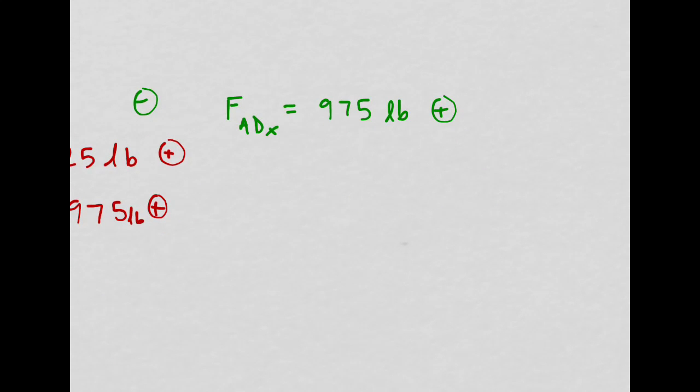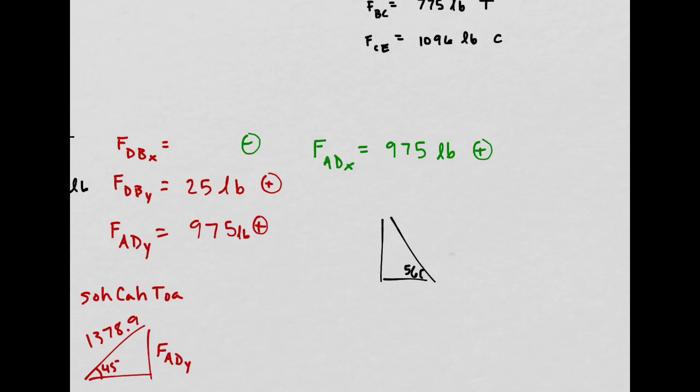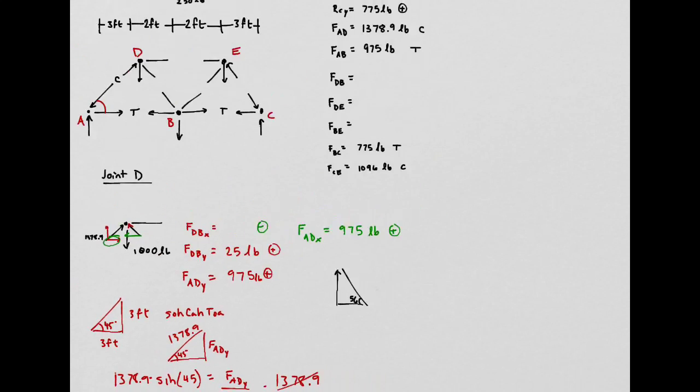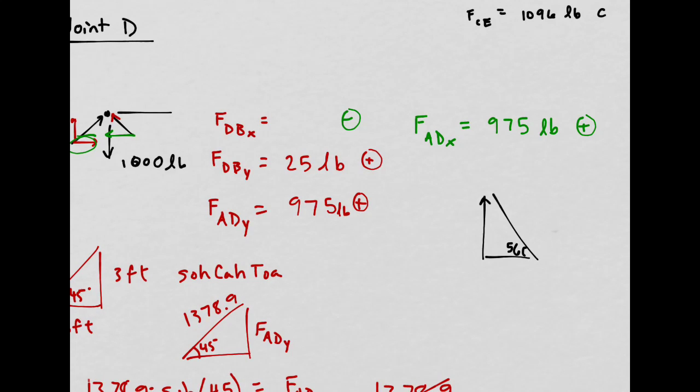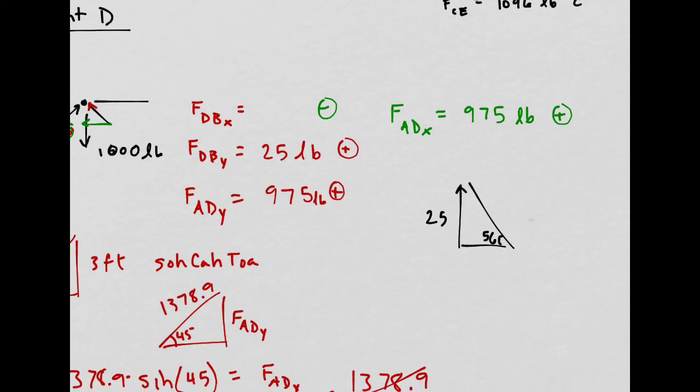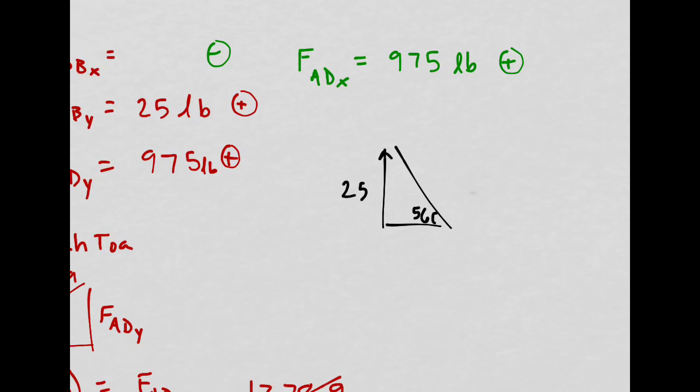So that would be 56. And we do know the y component, and the y component is pointing upwards, and that was FDBY, that's 25. So maybe if I use 25 pounds, if I use sine, sine of 56 degrees will equal opposite over hypotenuse, 25 over FDB.